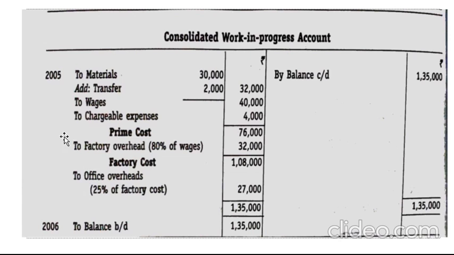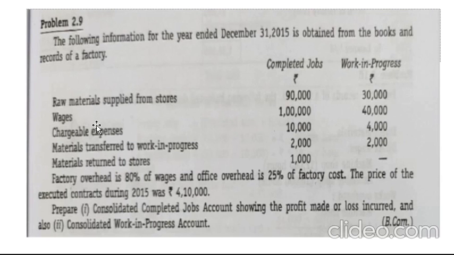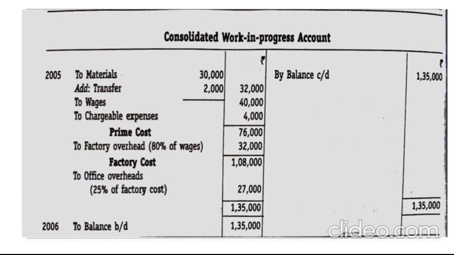So you will consider materials 30,000. In the question next they have given material transferred to work in progress 2,000. Yes, from completed job 2,000 is transferred to work in progress. So as it is transferred from completed job to work in progress, you are receiving materials.